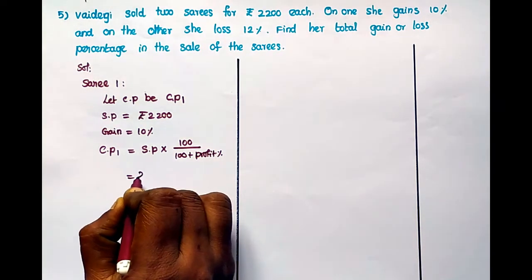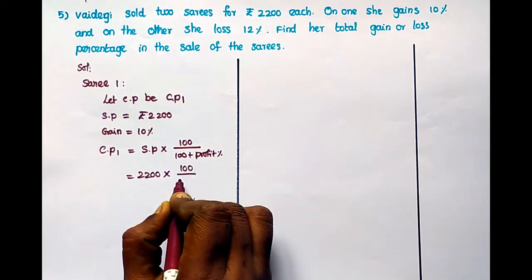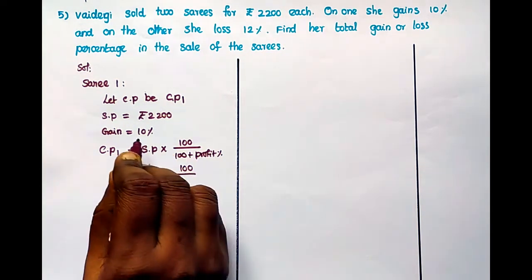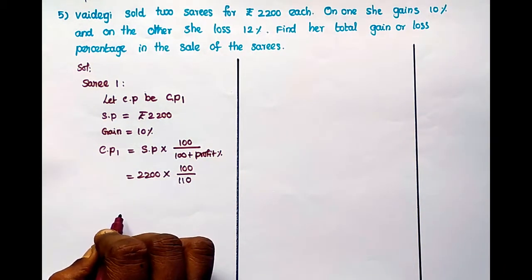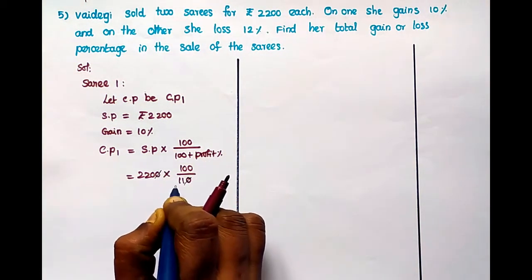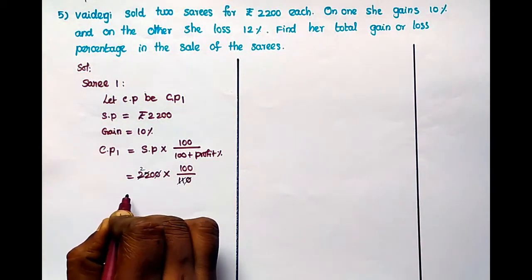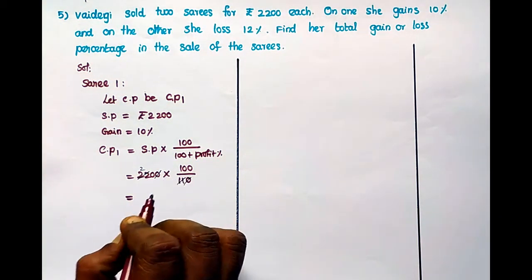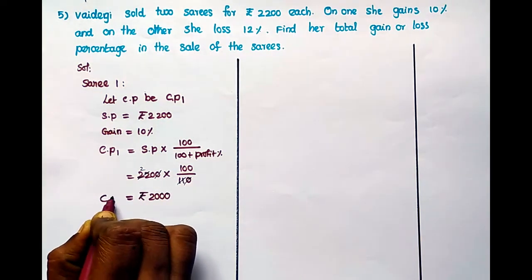So that is equal to 2200 into 100 by 100 plus profit percentage 10, so 110. Now cancel the numbers. 0 0 cancel. 11 2s are 22. So 20 into 100, 2000. That is CP1.